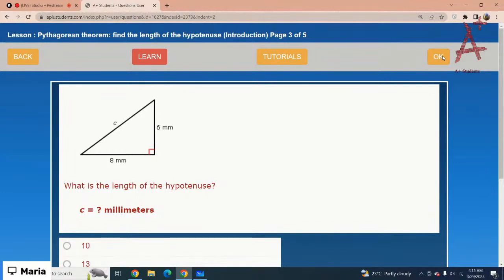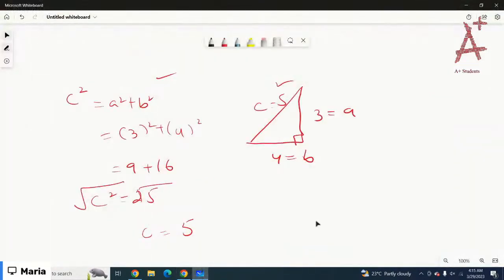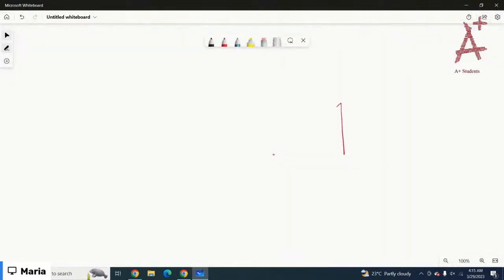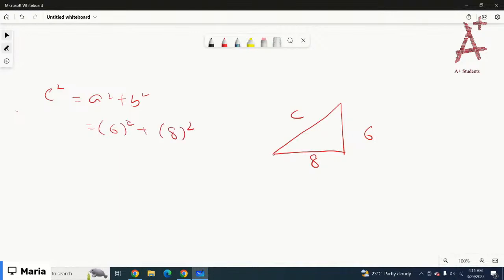Okay, the next one is 6, 8, and C. Got it? So you have C square equals A square plus B square, 6 square plus 8 square. It would be 36 plus 64. So 36 plus 64 is 100.